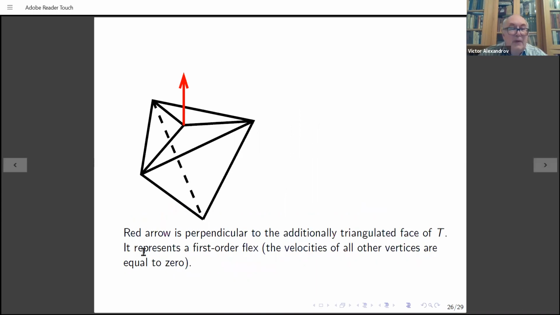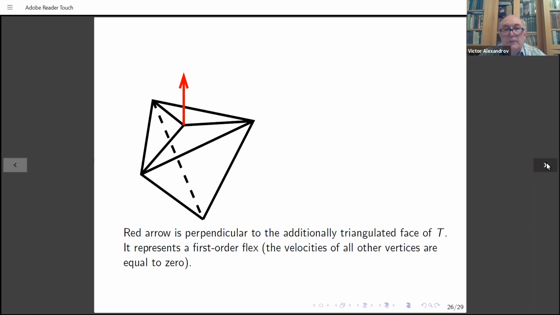In fact, the red arrow is perpendicular to the additionally triangulated face of T. It represents a first order flex. The velocities of all other vertices are equal to 0. This is a standard and obvious fact. This is the first order flex.